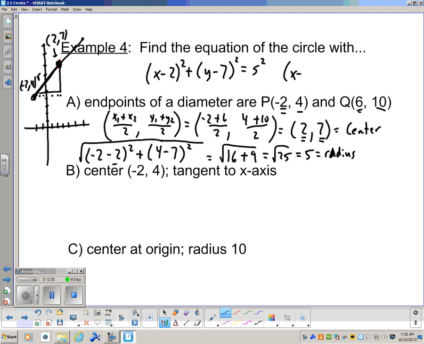So I'm going to rewrite it one more time: (x minus 2) squared plus (y minus 7) squared equals 25. There's our solution to part A. So this time we had to use both of those skills that we've already learned from before, the midpoint, and we had to use our distance formula to figure that out.